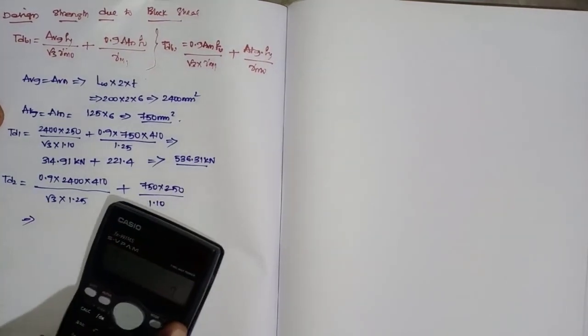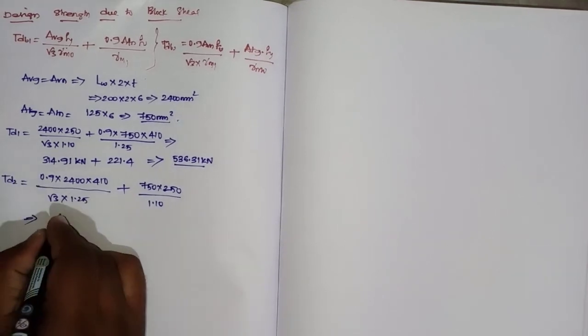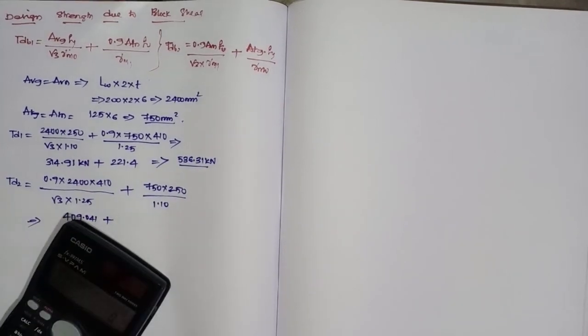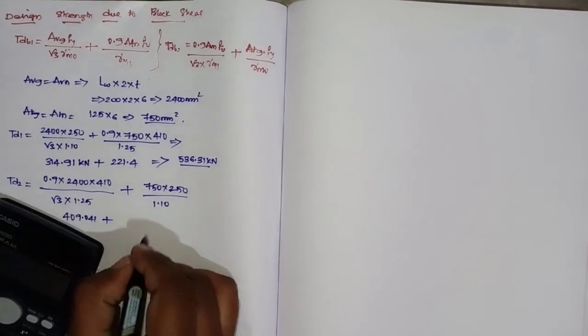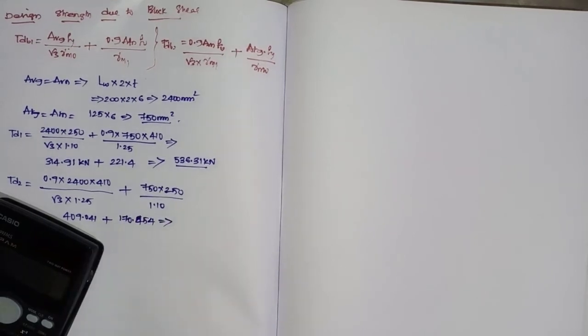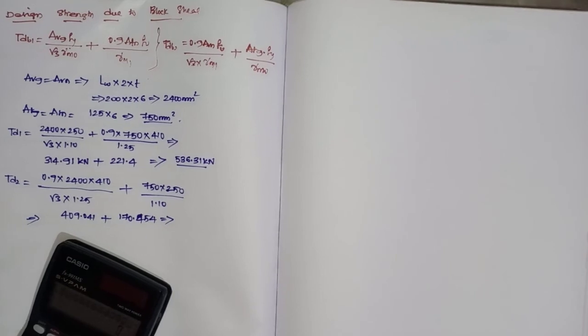So 0.9 into 2400 into 410 divided by root 3 into 1.25, 409.041 kilonewtons plus 750 into 250 divided by 1.10, 170.454. So 170.454 plus 409.041.